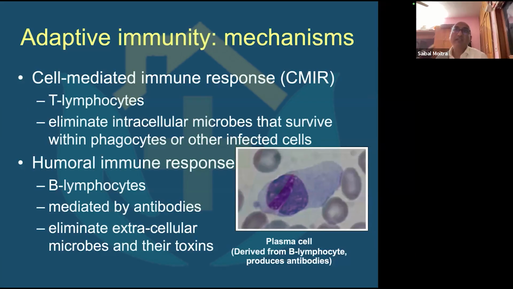Then we have the alternate pathway, which is activated by surface contact with the microorganisms. And we have the lectin pathway, where lectins like the mannose binding lectins are important in activation and cleavage of C3. Apart from that, we have other humoral components, like the pentraxins.